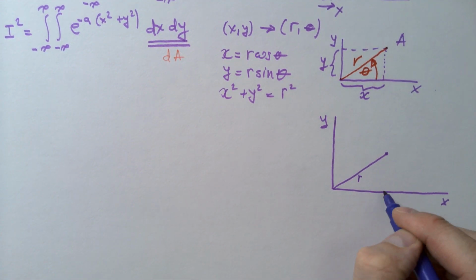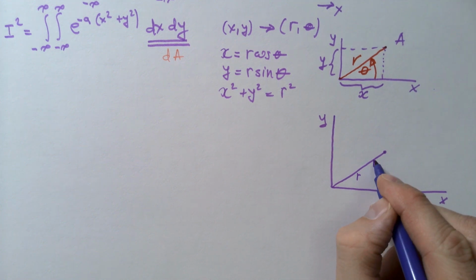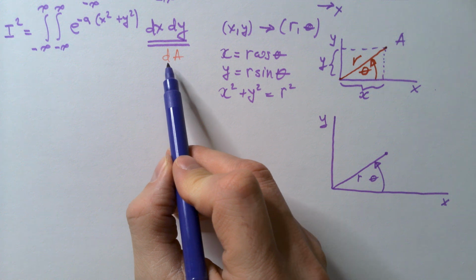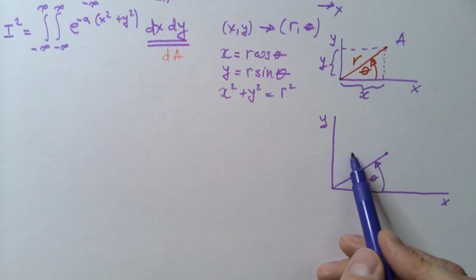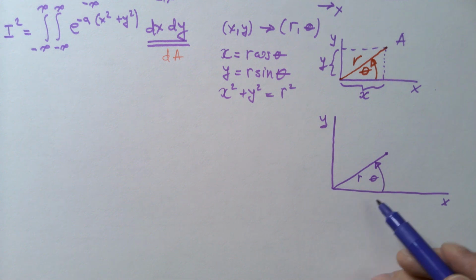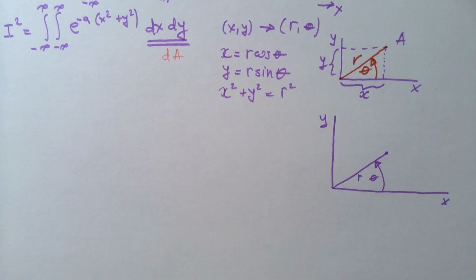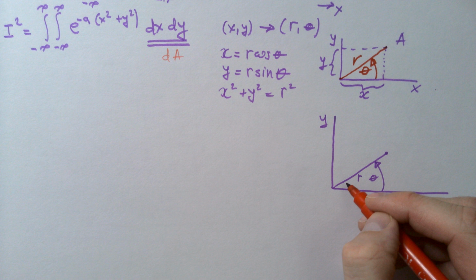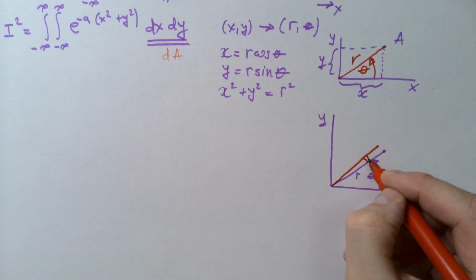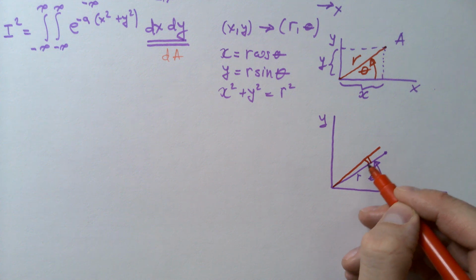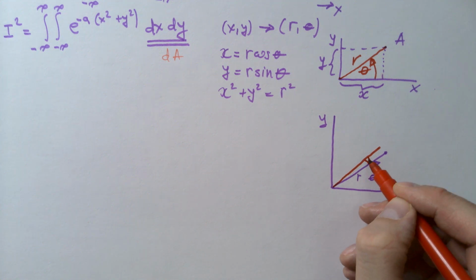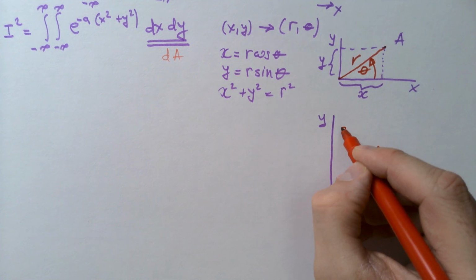This is radial distance r, and here we have angle theta. Now, to find this infinitesimal area in the polar coordinate system, I need infinitesimal increments in the azimuthal direction, and let's say this is my increment in the azimuthal direction, so this small angle here is d theta.